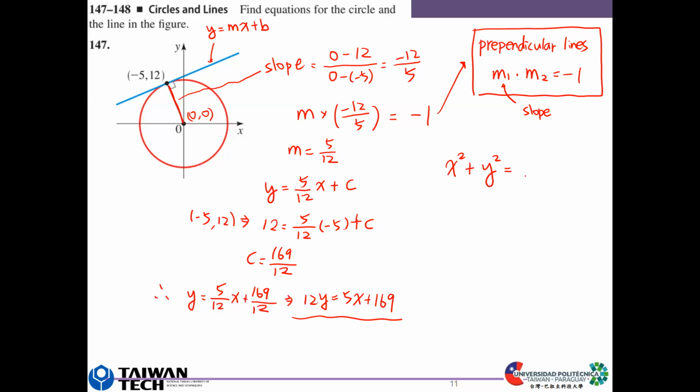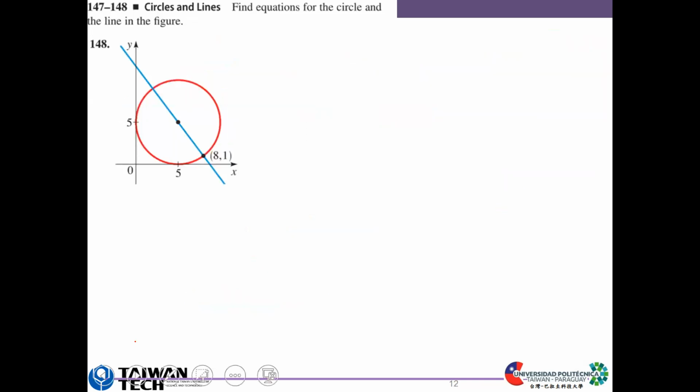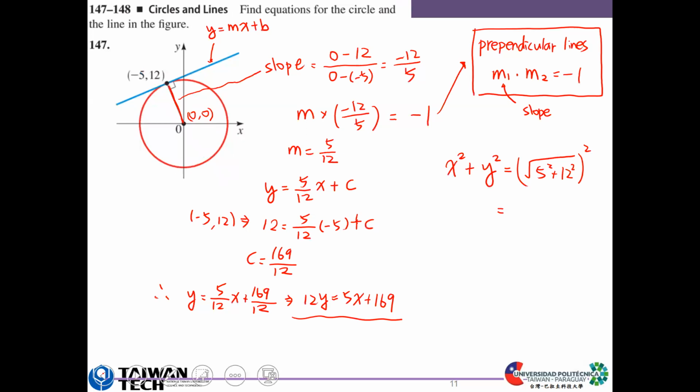The radius squared is 5 squared plus 12 squared, which equals 169.